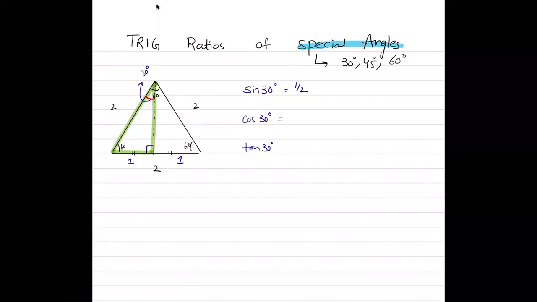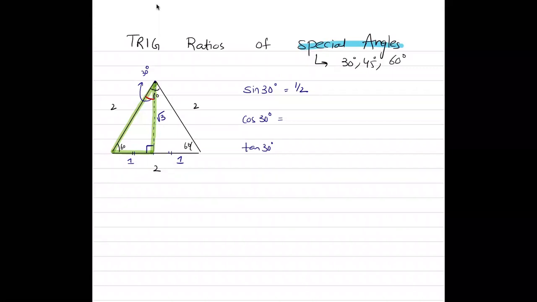What do you get? Square root of 2 square minus 1 square is going to give you square root of 3. Are you getting the same value?